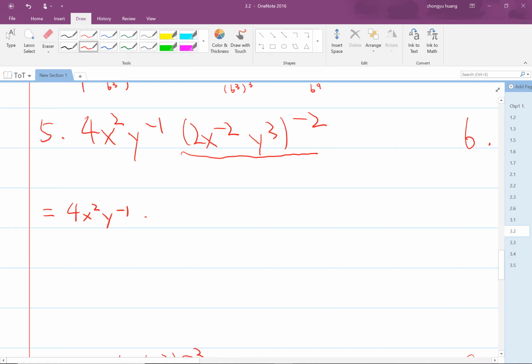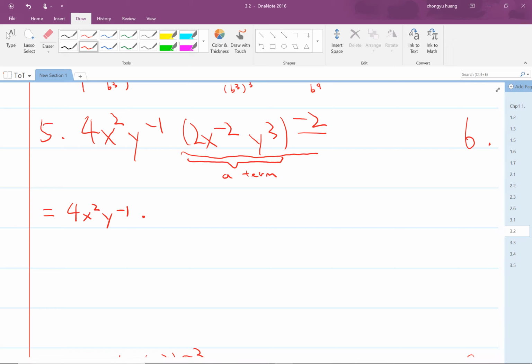Now what you can see over here is that you have to think of this as a term. Then we have negative 2 as a negative exponent outside.